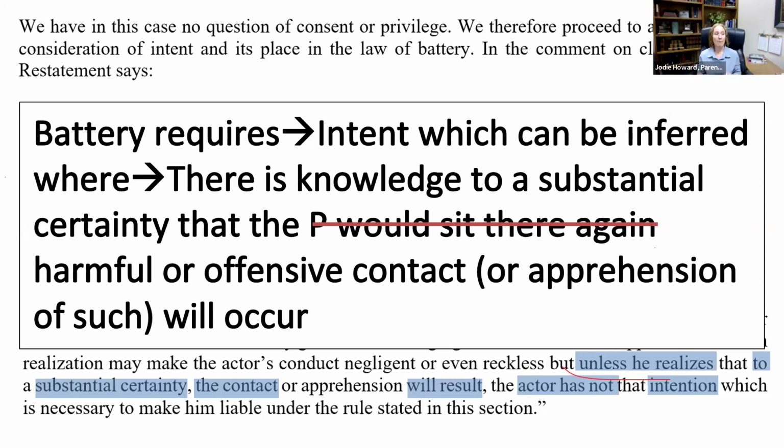That's what we know about the right kind of intent for battery. You don't have to absolutely 100% want and know that that person's going to get hurt. It can be enough that you have knowledge to essential certainty that they probably will get hurt because of your act, right? That's enough. And we know that now because we read Daly.